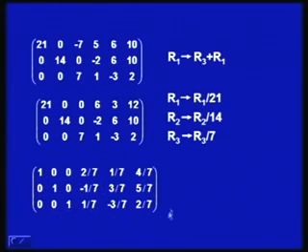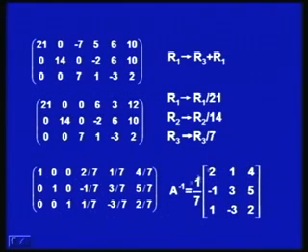So this is nothing but the inverse of the given matrix. So A inverse is 1 by 7, I have taken 1 by 7 out, so it is 2, 1, 4; minus 1, 3, 5; 1, minus 3, 2 as the inverse of the given matrix. So that is how we use row transformations to obtain the inverse of a given matrix.